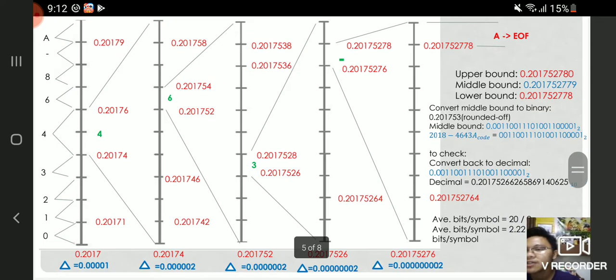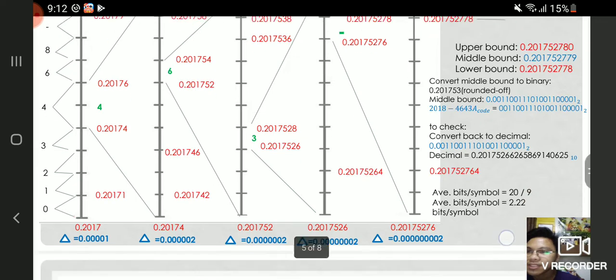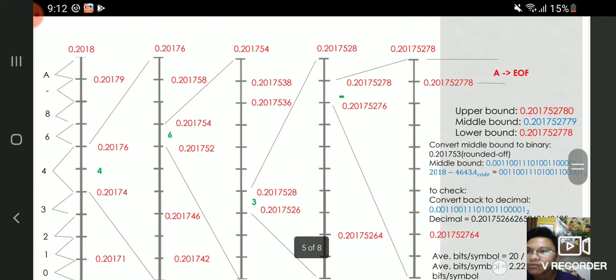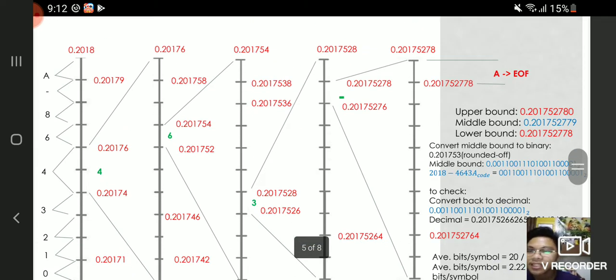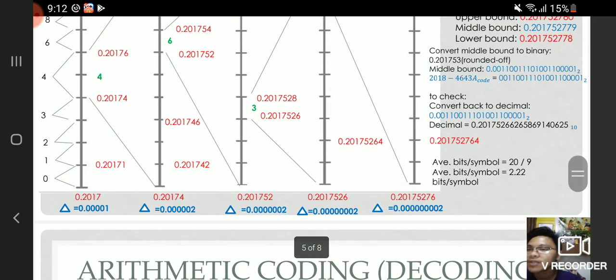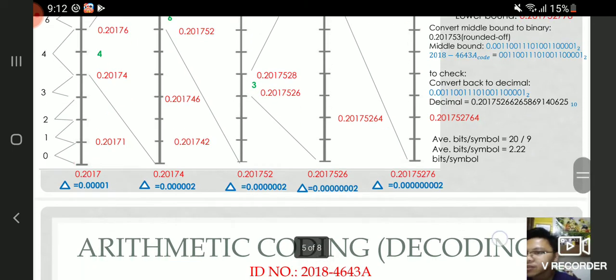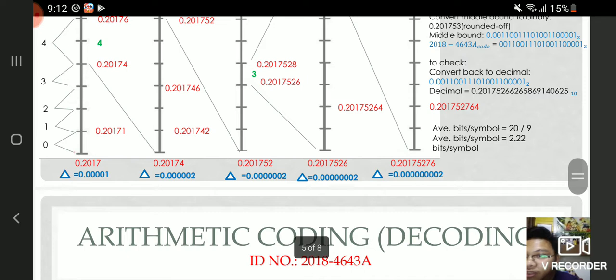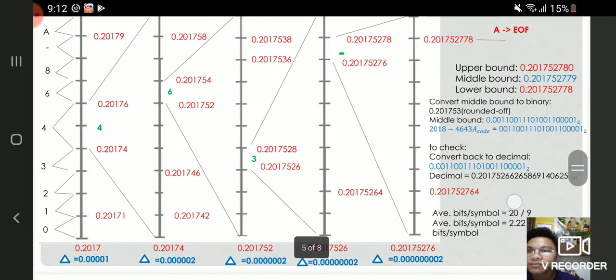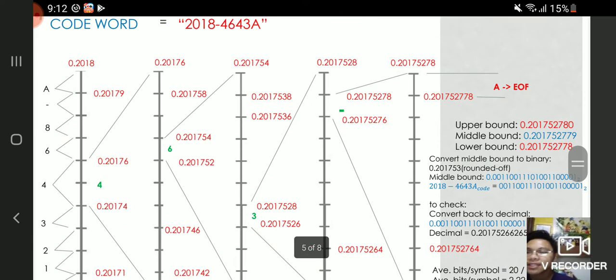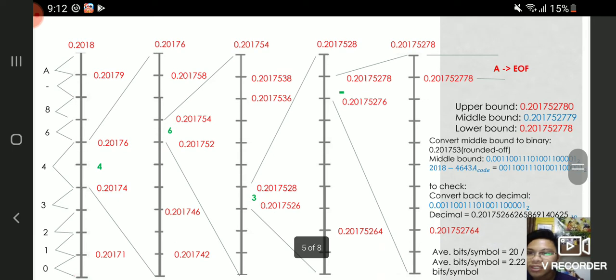The probability graph of 4 is in between 0.2176 and 0.20174. Expanding it will become the upper bound and the lower bound, and its step value here is 0.00002.